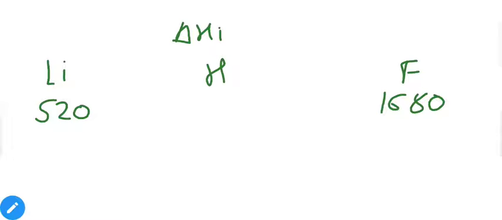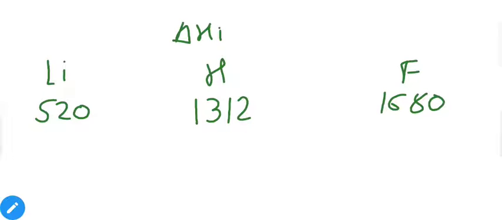So lithium has a comparatively very low ionization enthalpy, which is 520 kilojoules. Fluorine has a very high ionization enthalpy, which is 1680 kilojoules. And hydrogen is in between these two. It has 1312 kilojoules.